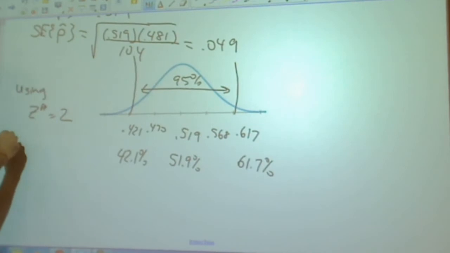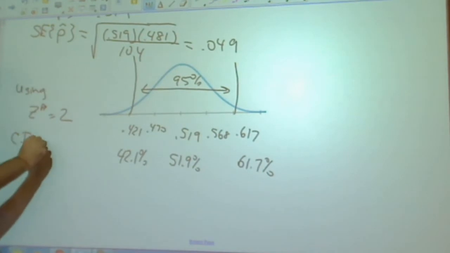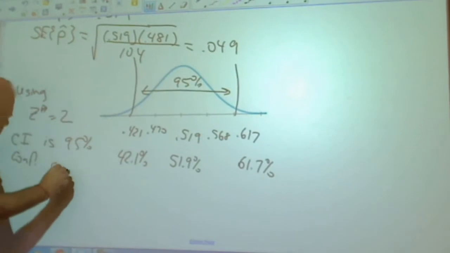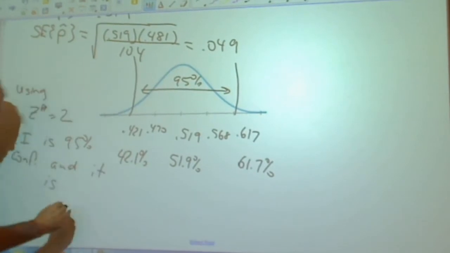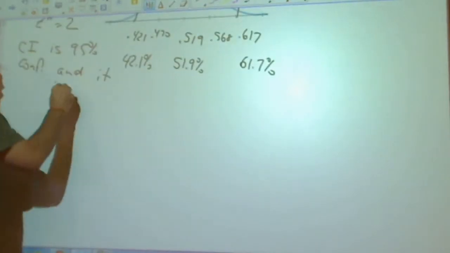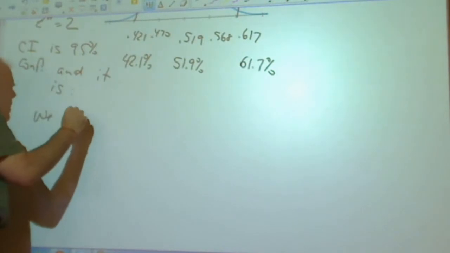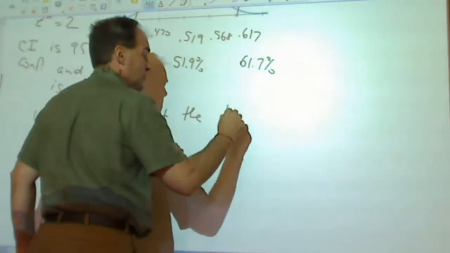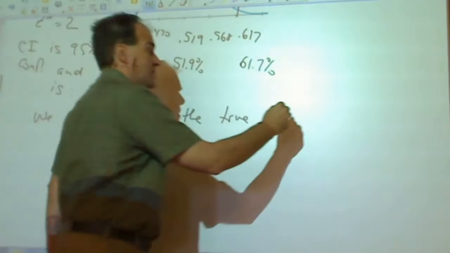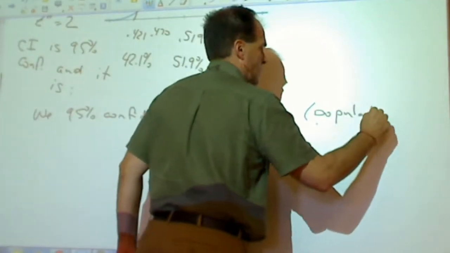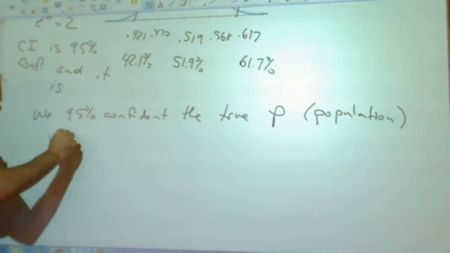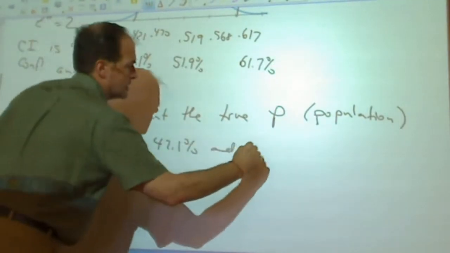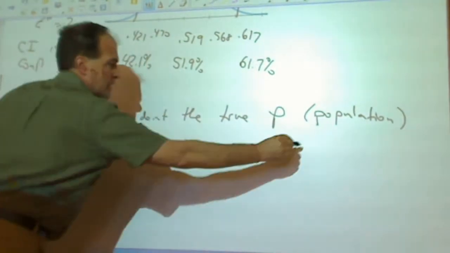If we're using a value of 2, this confidence interval is a 95% confidence interval, and we say it in words, we are 95% confident the true rho, this is our population number, is somewhere between 42.1% and 61.7%. Okay, that's really it.